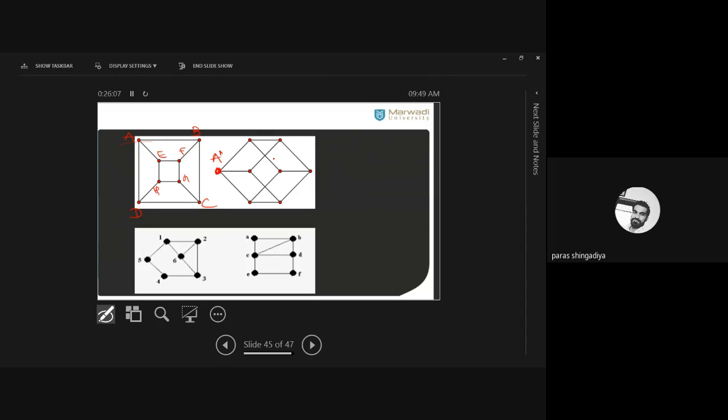These three vertices should have degree 3. So here A dash is also connected with these three vertices. ये तीनों के साथ वो connected है. Clear? So we can say these are the images of B dash, E dash and D dash. Okay. So let's say this is the image B dash, that is the image E dash, and that is D dash. Clear? These are the images. Up to this it is correct.